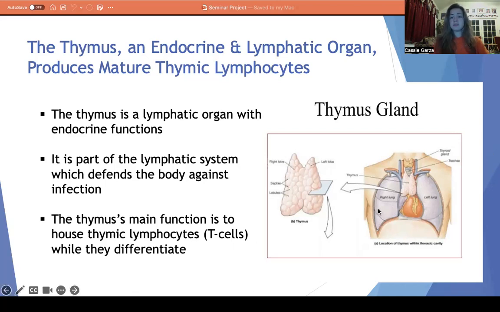So it houses immune cells, like I had said. More specifically, these are known as thymic lymphocytes. The thymic lymphocytes, otherwise known as T cells, are going to be referred to interchangeably. They are just two names for the same structure. They mature in the thymus through a process of differentiation, where they become unique to their own function.